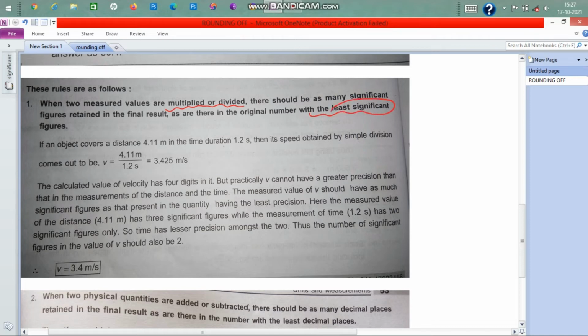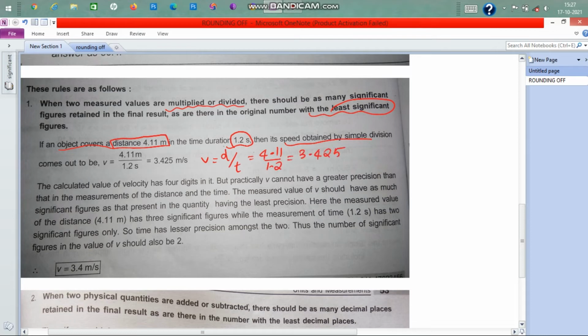Suppose an object covers a distance of 4.11 meter in a duration of 1.2 second, then they are asking the speed. Speed is distance by time, 4.11 by 1.2. The answer comes out to be 3.425.